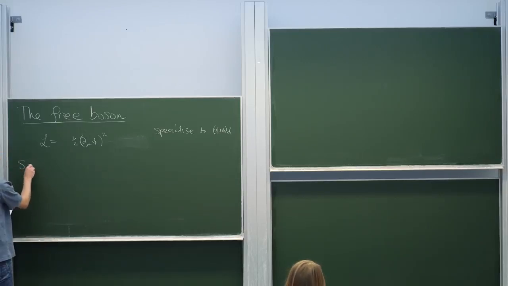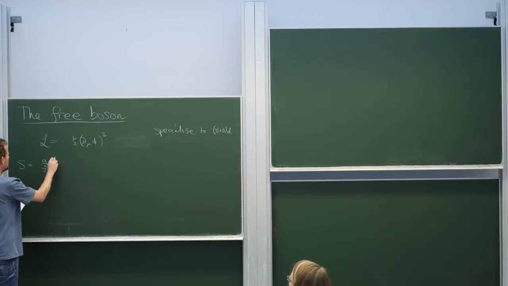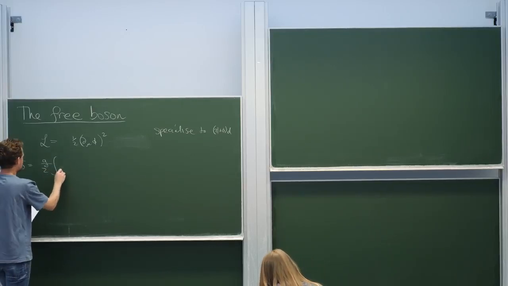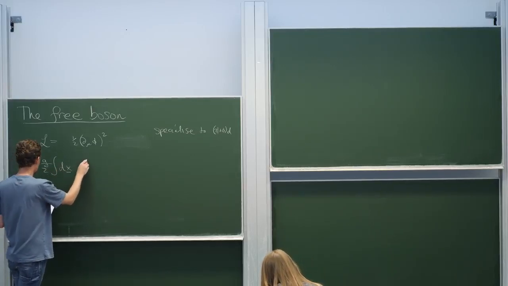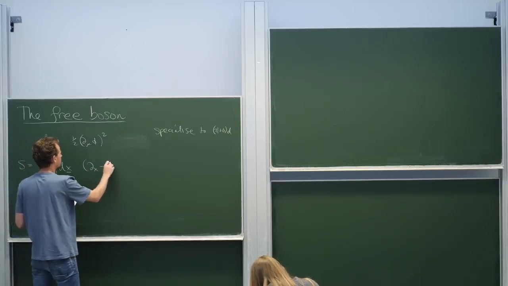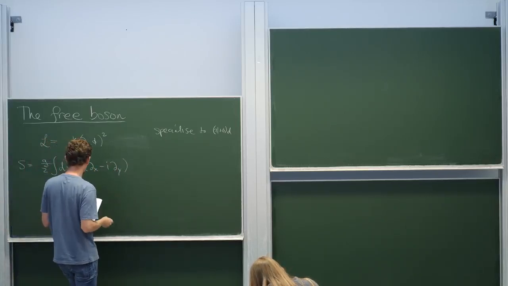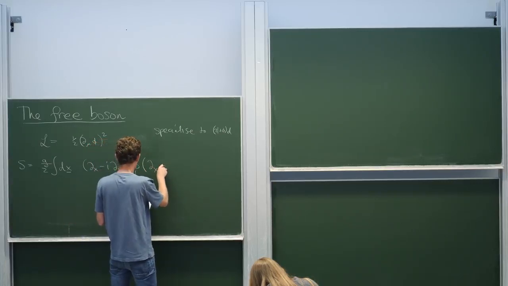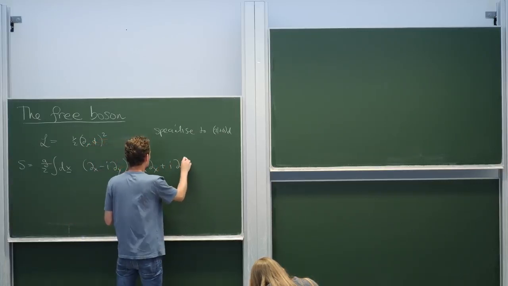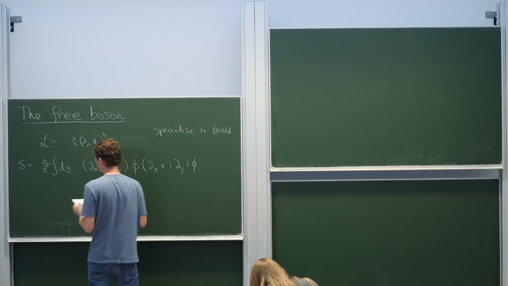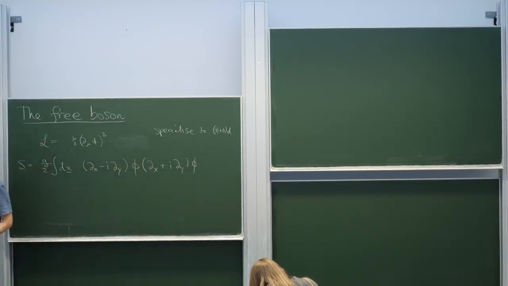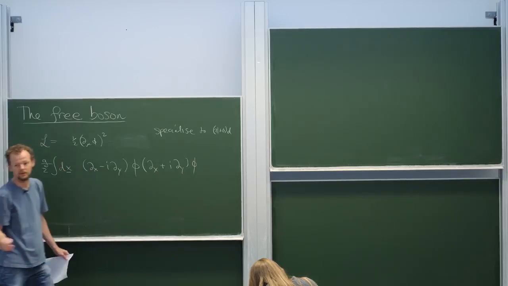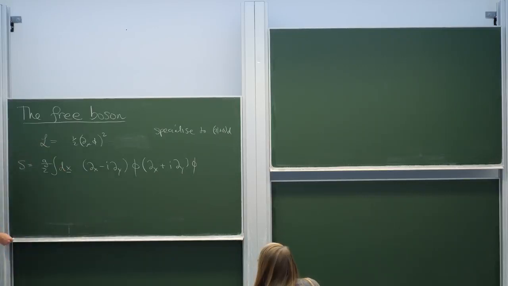So the action which we need to do path integral quantization, I'll just write it like this for the moment, and then we're going to slowly manipulate this into complex coordinates. I think it's a plus, yes. So you can rewrite the action by integrating by parts and so on into this form and introducing the imaginary number i.